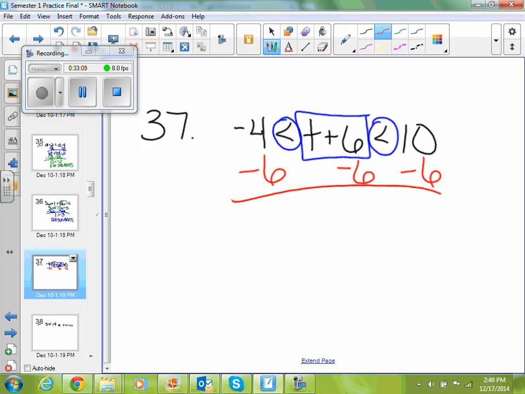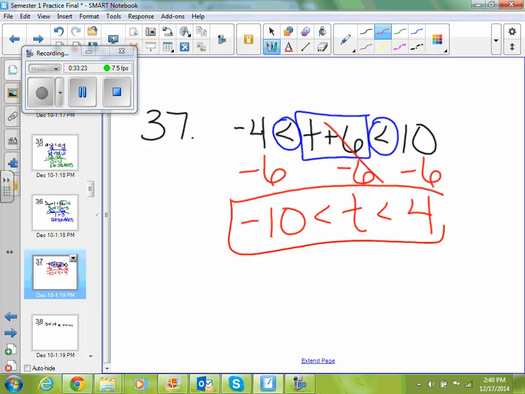You subtract 6 everywhere. Negative 4 minus 6 is negative 10. 10 minus 6 is 4. So I end up with negative 10 is less than t is less than 4. So compound inequality means you have a variable inside 2 different inequalities, so kind of like a sandwich.